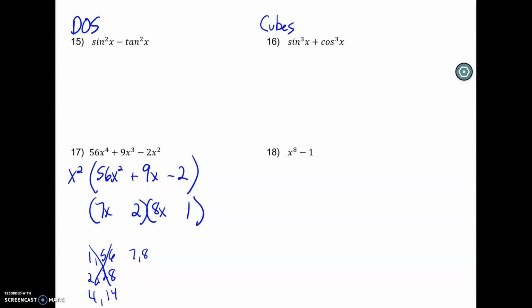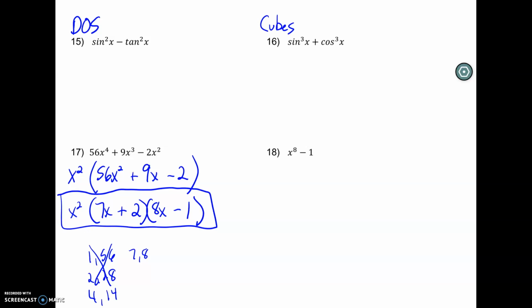So I need the biggest one, the 16, to be positive. And I need this one to be negative. So that works. And notice, you got to witness me doing trial and error there. And then I bring down my x squared. And so there's not necessarily a method just to get it right on your first try. You got to think of the factors and practice a few of your multiplications and see what you get.